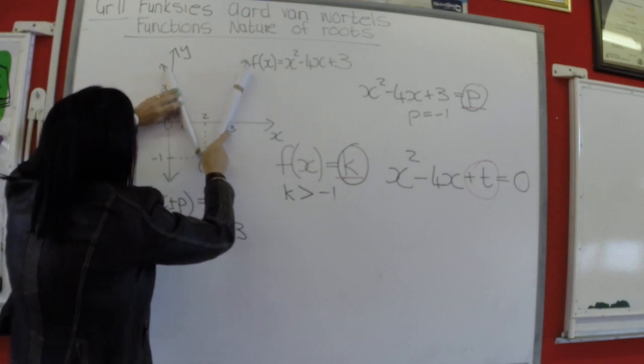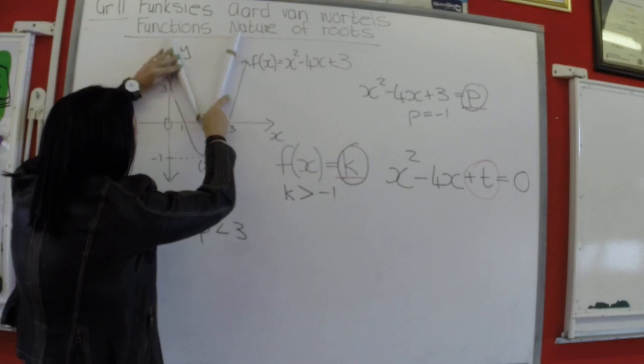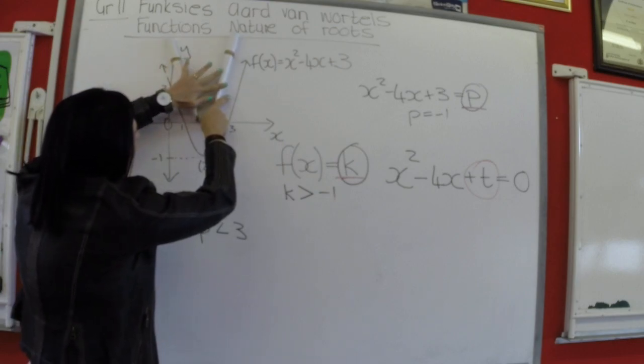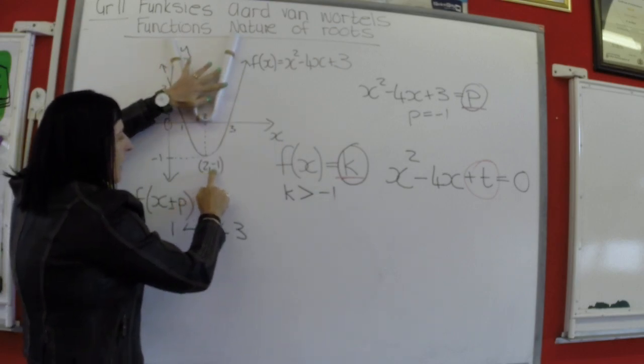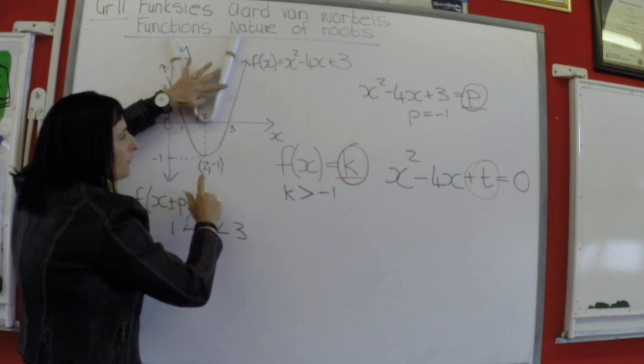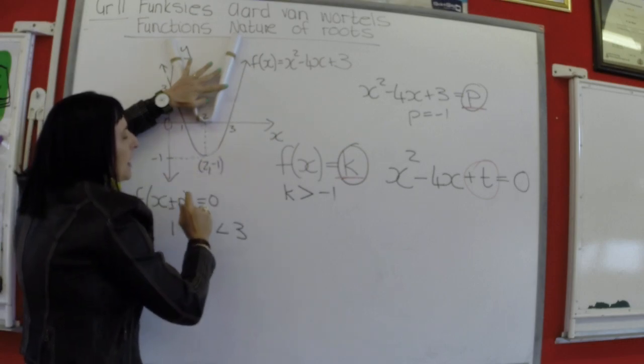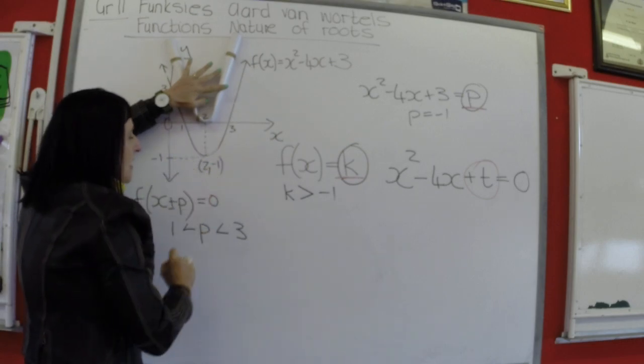But when I move this upwards, when I get there, okay, hoe ver het ek hom nou opgeskuif? My y-waarde is minus 1, so ek het hom 1 eenheid opgeskuif. Stem julle saam? I moved it 1 unit upwards, and then it touches the x-axis.